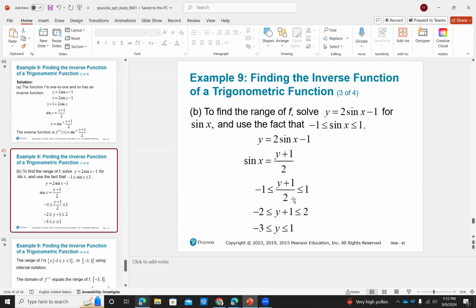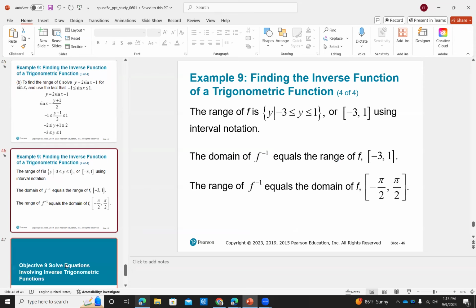If you solve this inequality, y needs to be between -3 and +1. That's how we find the answer to these questions. So the range of f is -3 to 1, or in interval notation, this.